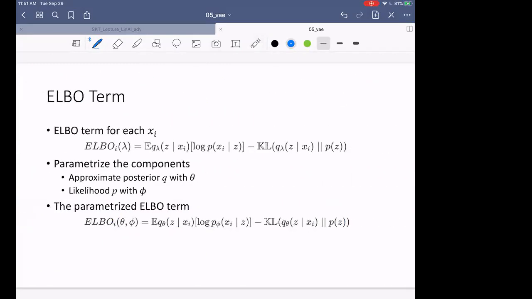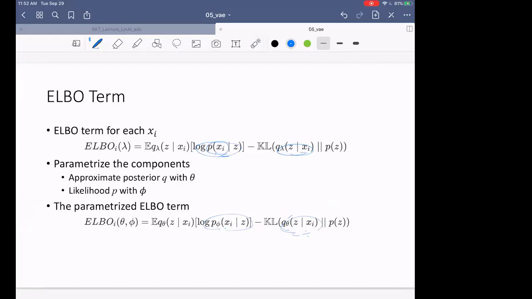And you parameterize these functions so that P is parameterized by phi and your posterior is parameterized by theta, because what we're doing is basically learning a neural network, right? So this needs to be some neural network, and this needs to be some neural network. So we parameterize these two, P and Q, with phi and theta, and that's it.